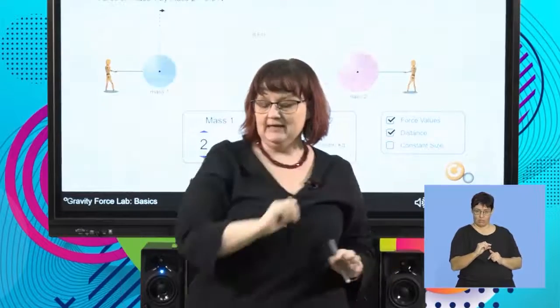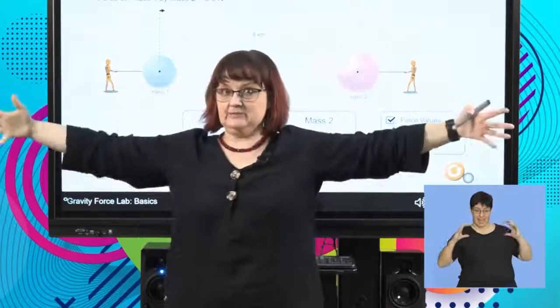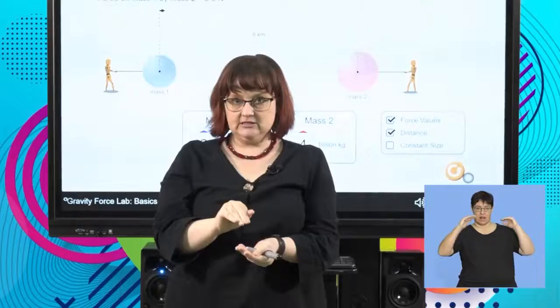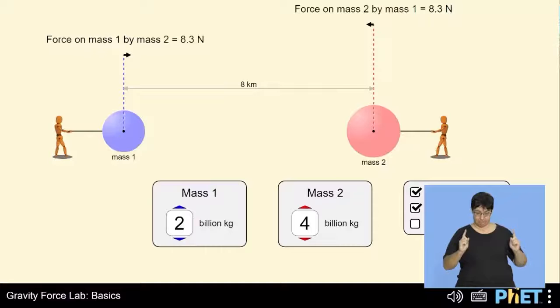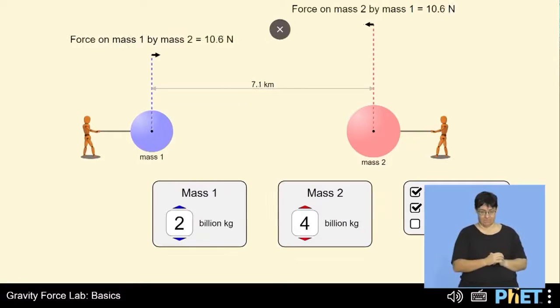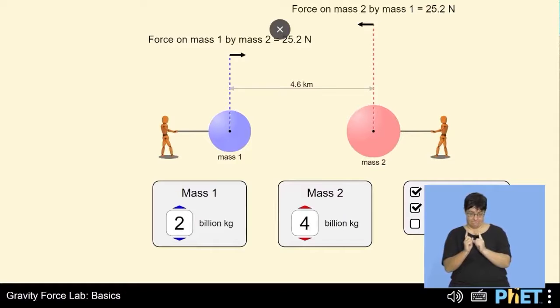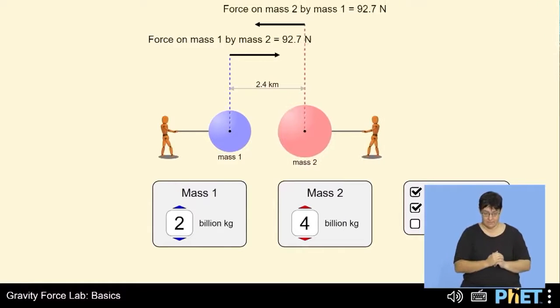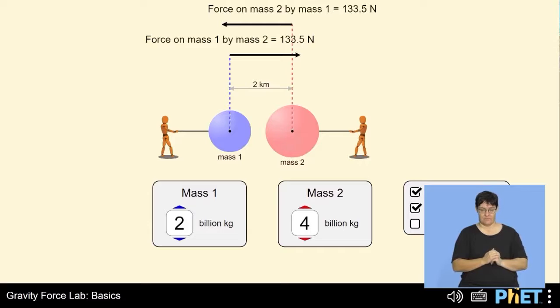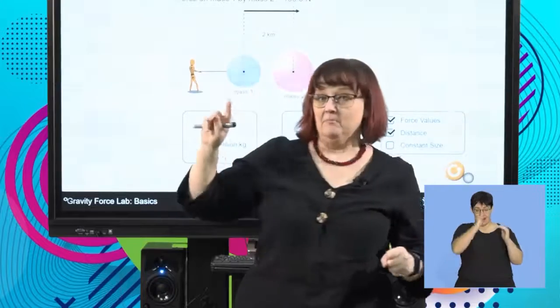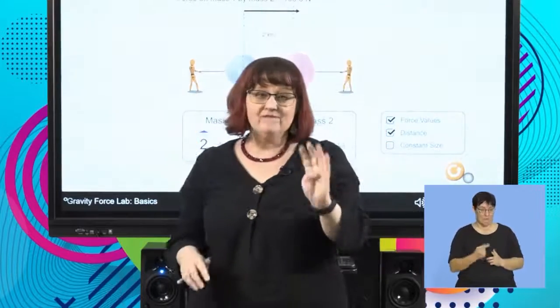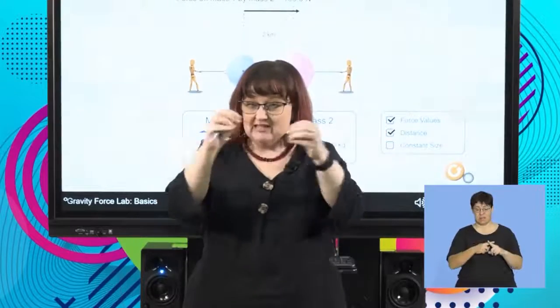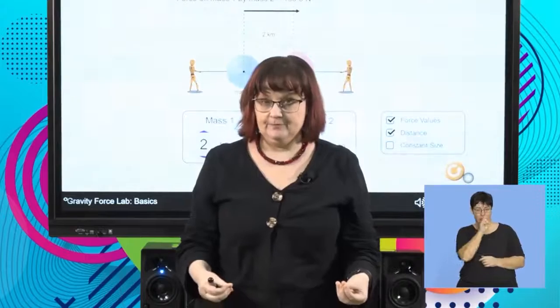So we realize that as the distance gets bigger, the force gets smaller. If I make the distance smaller, the force gets bigger. Okay, so I halved it this time. Halving the distance, so 2 times smaller, made the force 4 times bigger. So this is a square relationship.